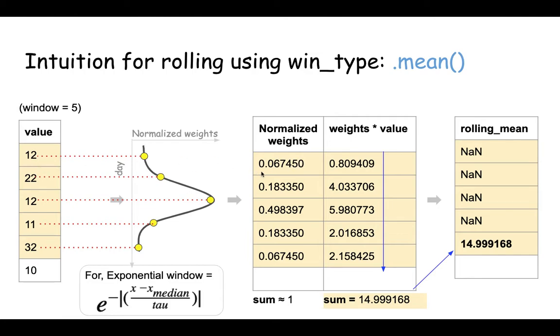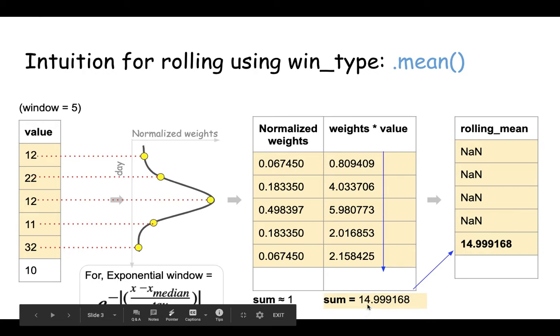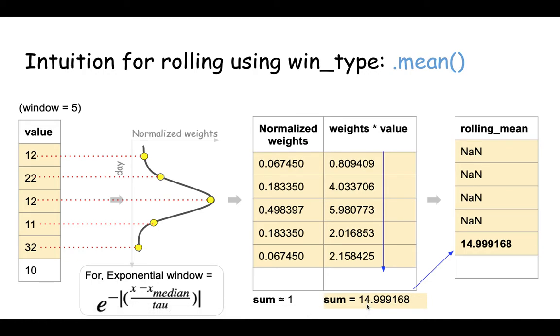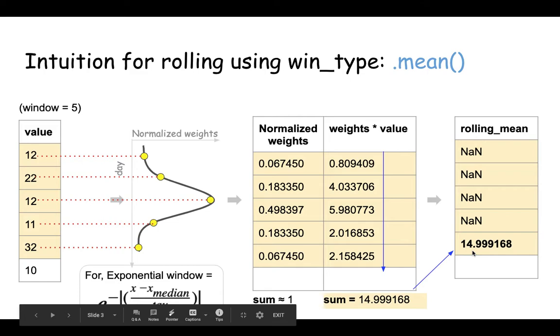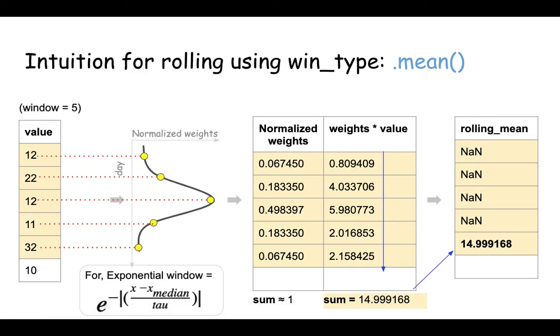For example, 12 multiplied by the corresponding weight of 0.0674, and we get the multiplication value, which is 0.809. When we add all these values up, we get the sum, which is 14.99, and that is the rolling mean for this window of size 5 where the values are 12, 22, 12, 11 and 32.